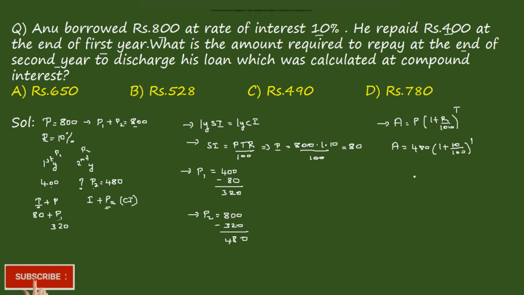Time is 1, second year only. It becomes 480 into 110 by 100. All the zeros get cancelled, 48 into 11, which is equal to 528. That is the amount for the second year. So the answer is option B.